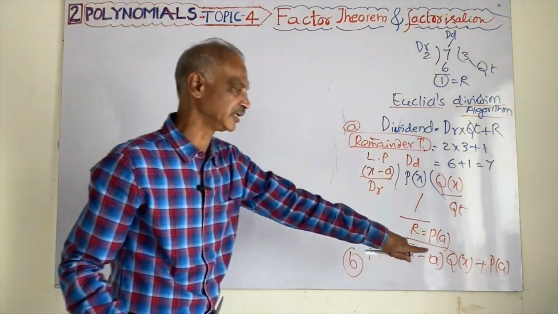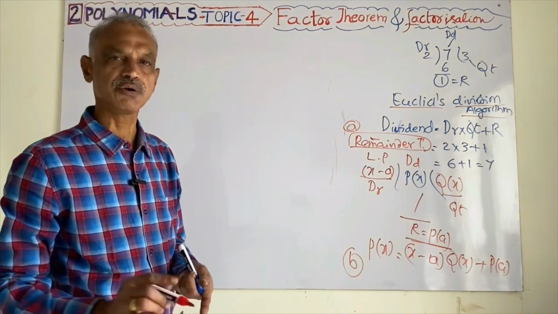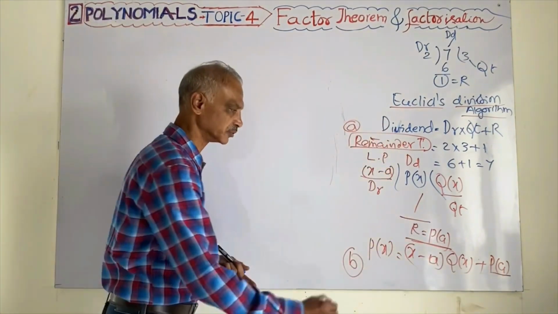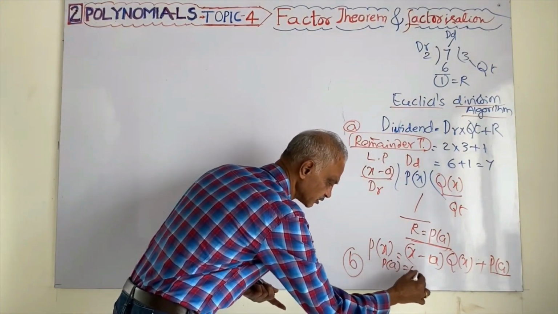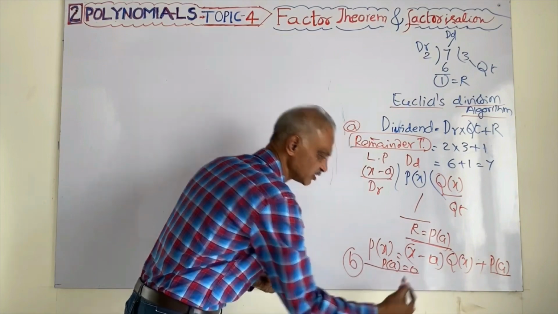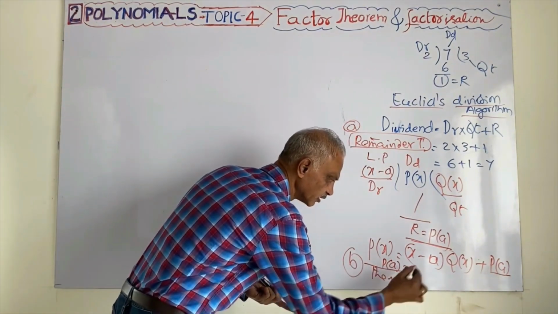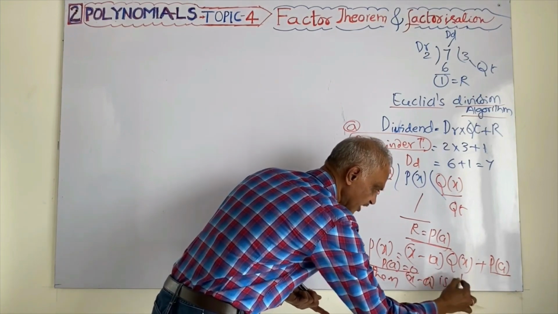We have to prove the remainder is equal to p of a, and I will tell you how. If this remainder is equal to 0, that is, if p of a is equal to 0, then you can say x minus a is a factor of p of x.